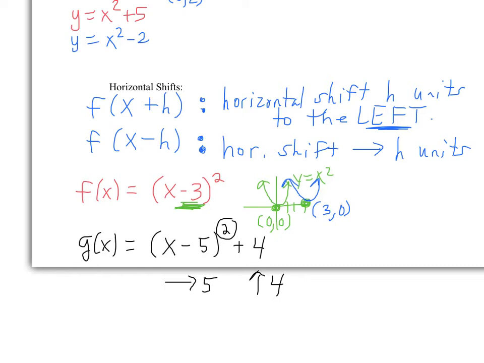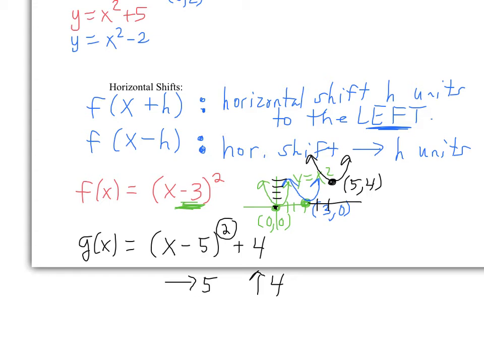Think of this as like an offspring function. So if I started with x squared, imagine grabbing a hold of this at the vertex and now shifting it to the right 5 and then up 4. So now my new parabola would look something like this, and my new vertex would be to the right 5, up 4, so 5, 4. Okay.